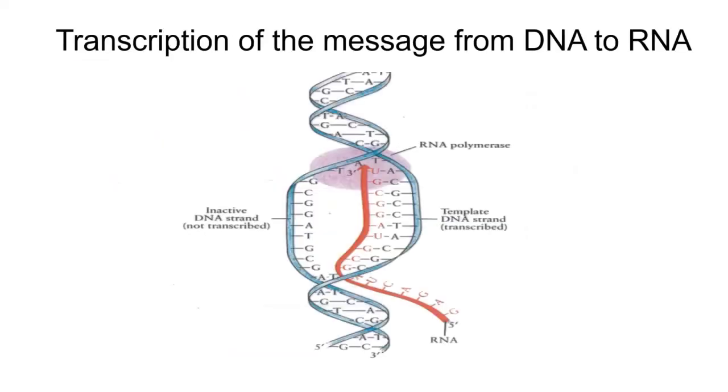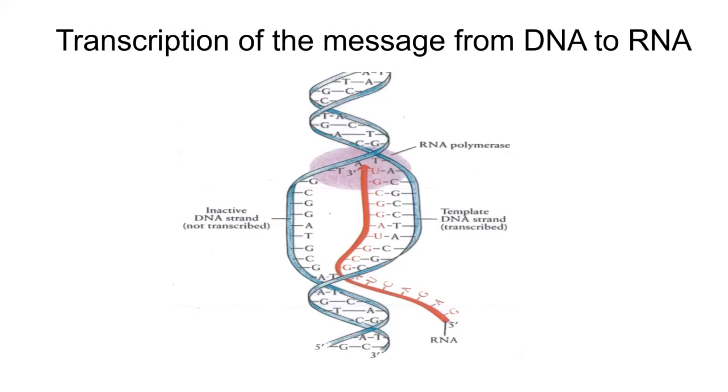The first part of the process to make proteins is to transcribe the information from the DNA to the RNA. That's done by an enzyme called RNA polymerase. And what happens is one of the two strands of DNA is copied into the RNA. But what you'll see here is that for every A, we get a U, and for every C, we get a G, and so forth.